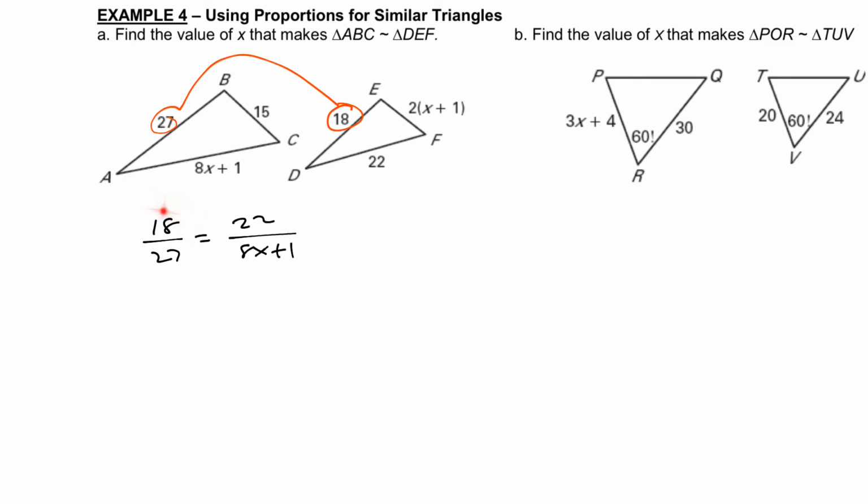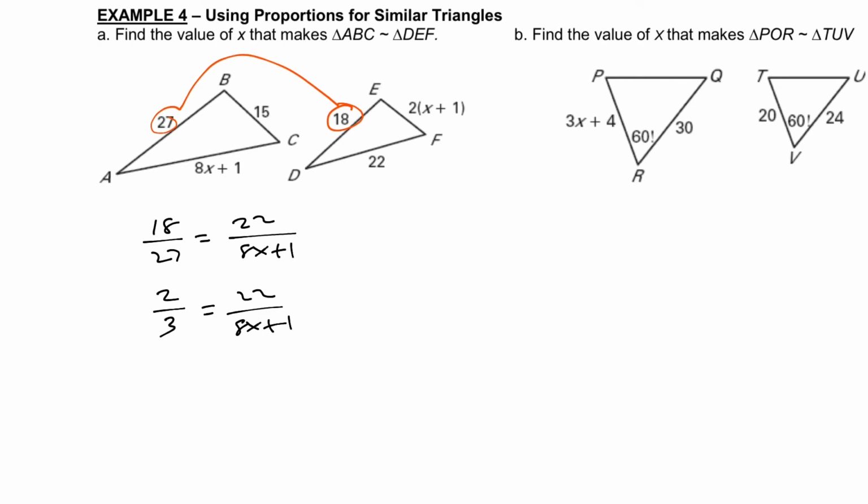I can reduce this fraction of 18 over 27. So if I do that, I'll divide the numerator by 9, and that'll give me 2, and I'll divide the denominator by 9, and that'll give me 3. And then I'll have some smaller numbers to work with when I do my cross products. Also, by doing that, now this is my scale factor for my problem right here, 2/3, and that would be set up as the ratio of the small triangle divided by the big triangle.